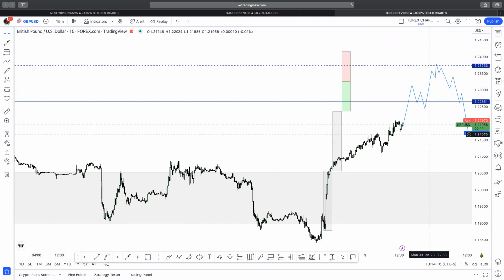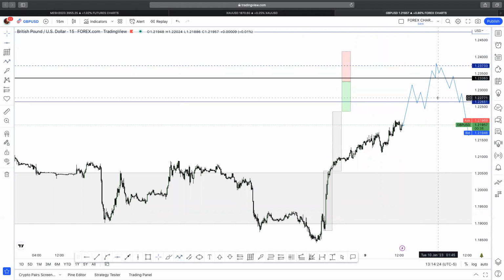Then they give you a full market maker sell model. That can happen. It can also fail right here to trade lower, right? And then give you the higher. So just understand market structure and you should be okay.